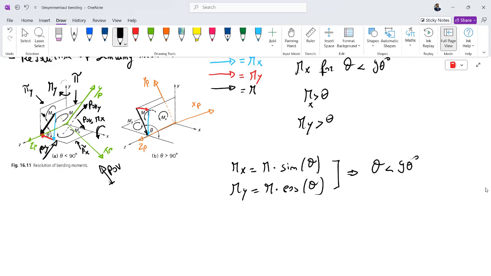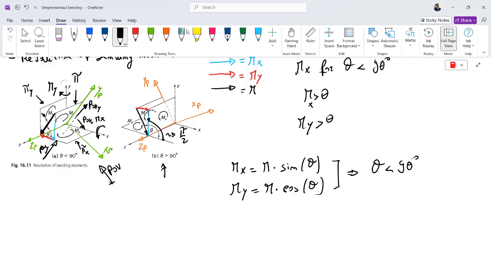But when we switch to theta greater than 90 degrees, we have this other reference frame, the orange reference frame y pi, x pi, and z pi. We also have the black arrow, the light blue arrow, and the red arrow. We must consider that this angle here is pi over 2, a 90 degree angle.